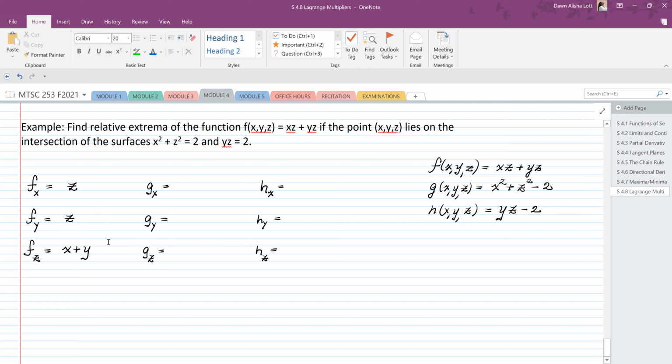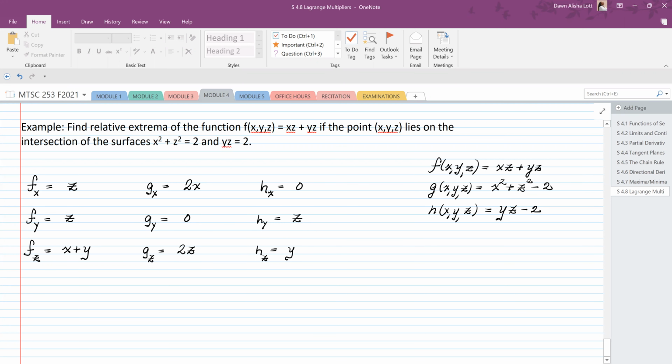For g, it's 2x, 0, 2z. For h, it's 0, z, and y.